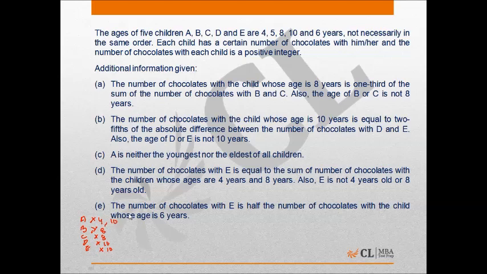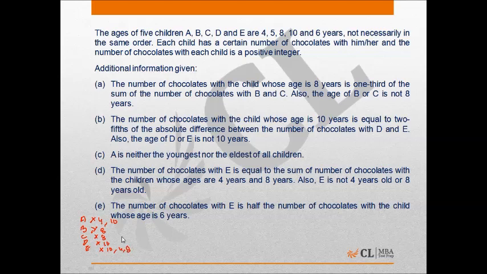The number of chocolates with E is equal to the sum of the number of chocolates with the children whose ages are 4 years and 8 years. Also, E is not 4 years or 8 years old. So E cannot be 4 years as well as 8 years old.